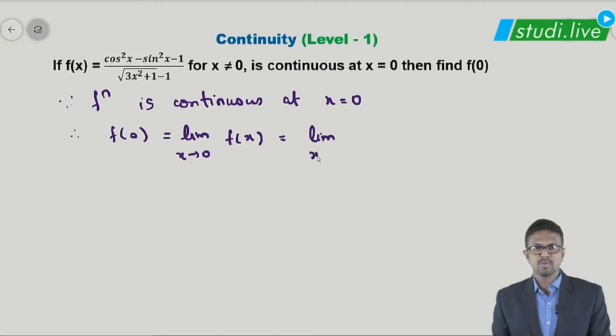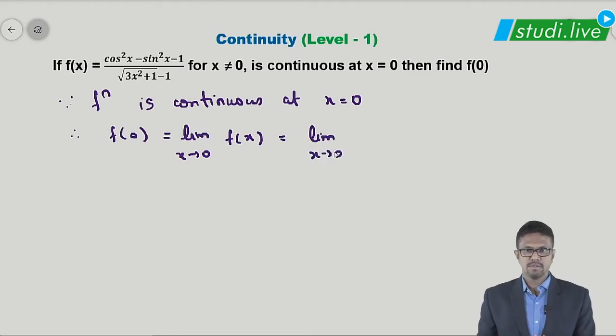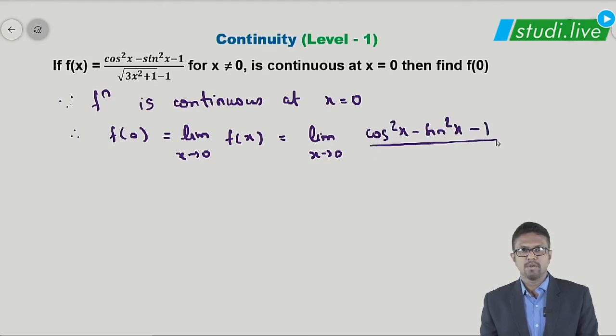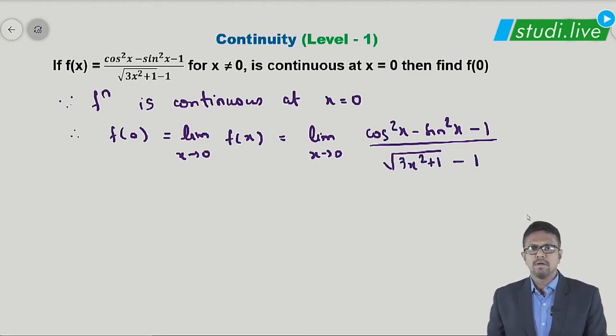So the limit as x tends to 0 of cos square x minus sin square x minus 1 upon the root of 3x square plus 1 minus 1. What we can do is find the conjugate and rationalize this denominator so that we can then find the limit quite easily. So let us rationalize the denominator.